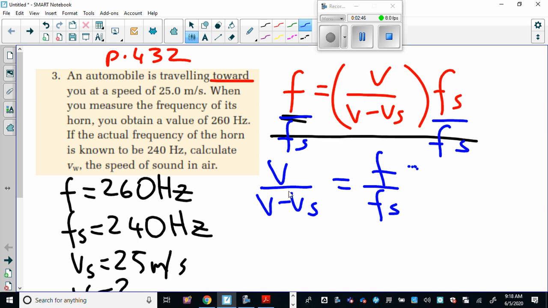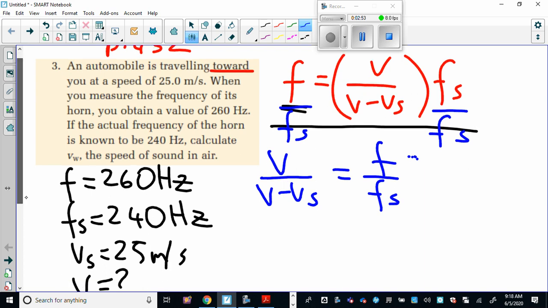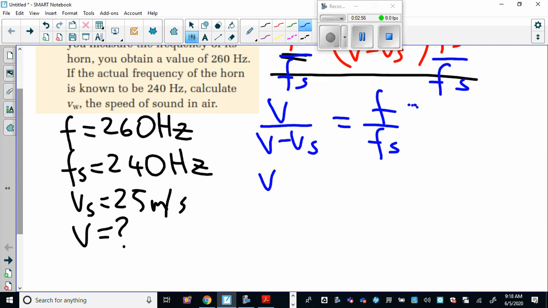You can't just do that because it's attached to the V. So what we're going to do here is we're actually going to cross multiply to get this. Now we've got rid of the fractions, which actually is not going to make a difference. We're going to be going back to fractions in a minute anyway.